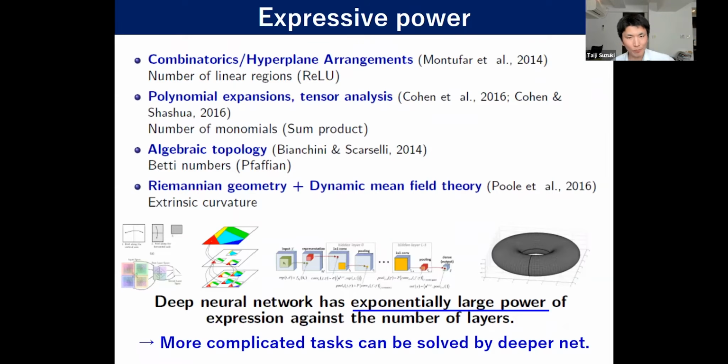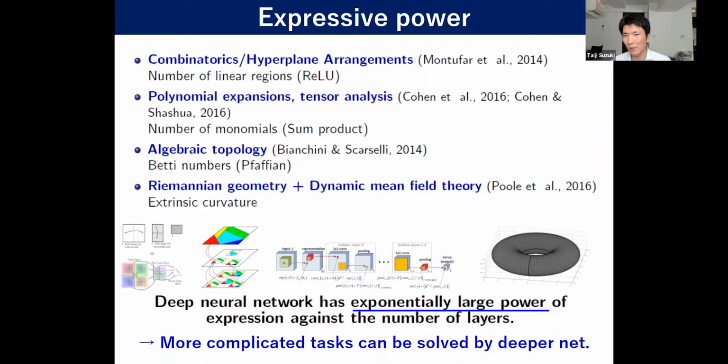Okay, so first we consider the expressive power of deep neural network models. There are many mathematical definitions of the expressive power of the models. Anyway, all of these papers concluded that the deep neural network model has an exponentially large expressive power against the number of layers.